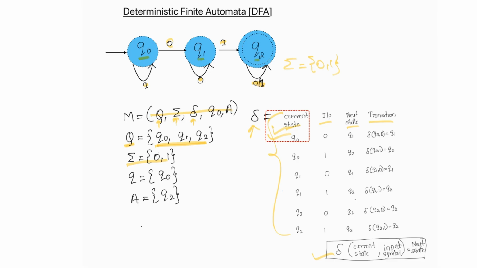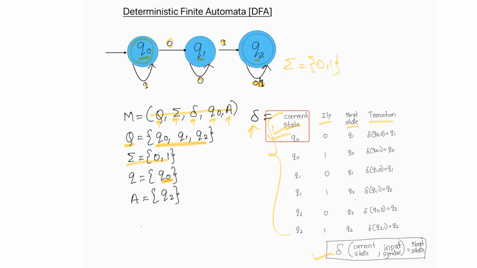Next comes Q naught. Q naught is the start state here. In our diagram, Q naught is the start state, so it is represented in the set. Then A stands for accepting state.